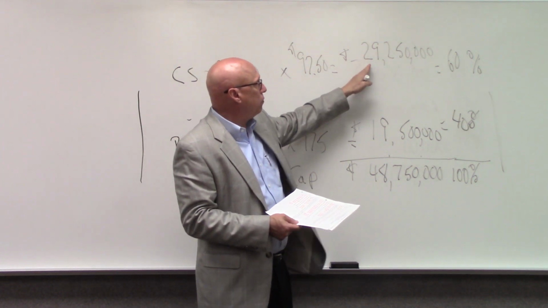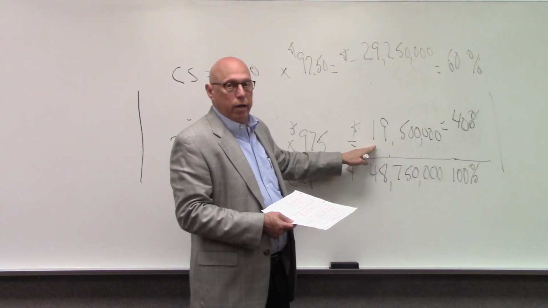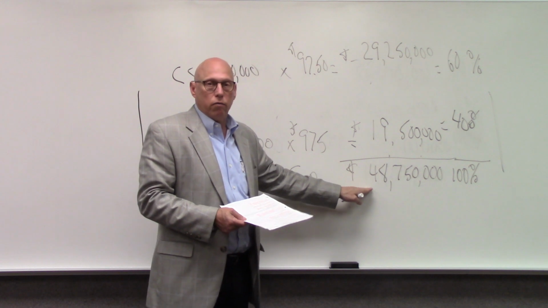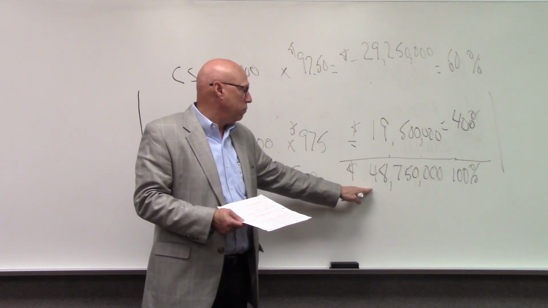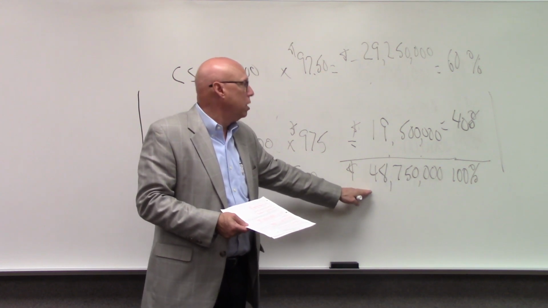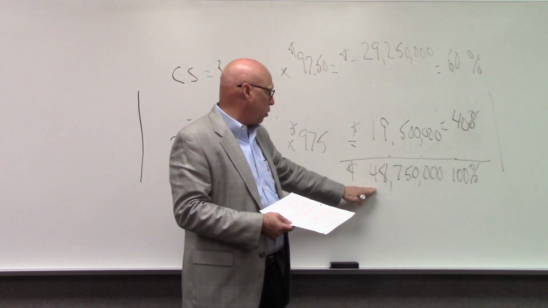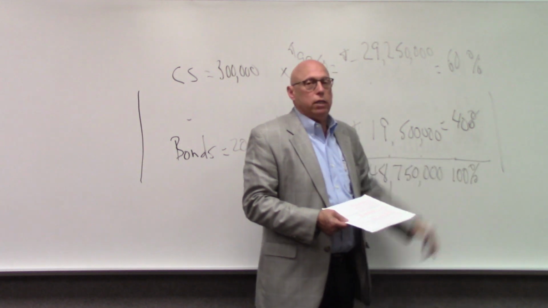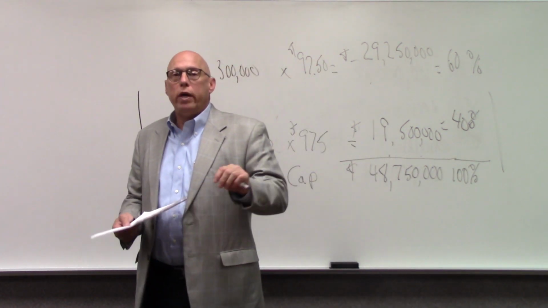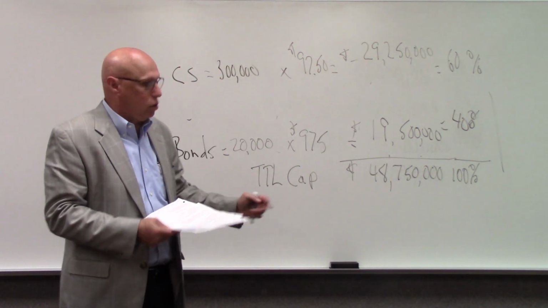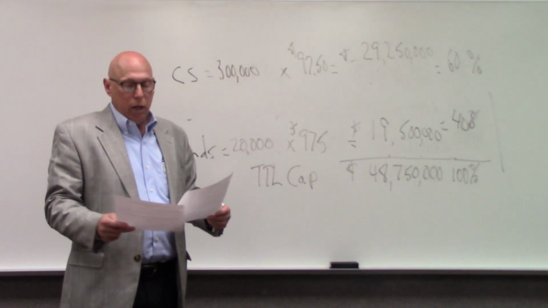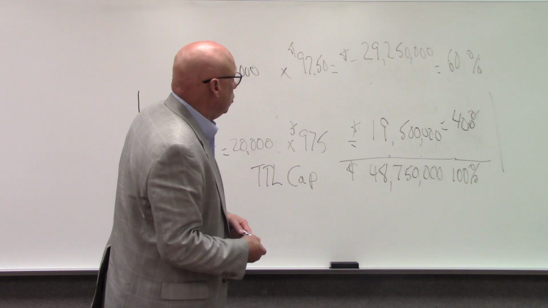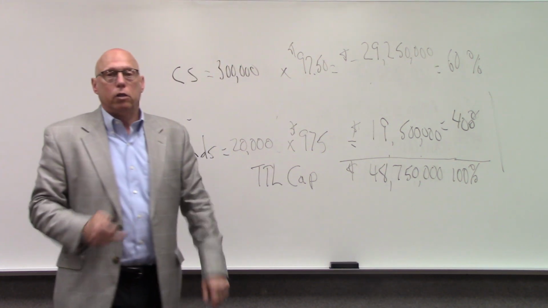Total market value of common stock, total market value of the bonds. Add them up for the total market value of their capital, and then divide each source into the total to get the percentage. Now we have the weightings. Now we have to find the cost, and that is what we cover in homework number 3, which we will do in another session.